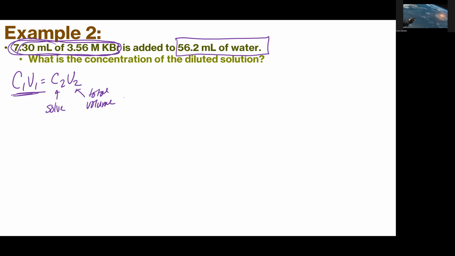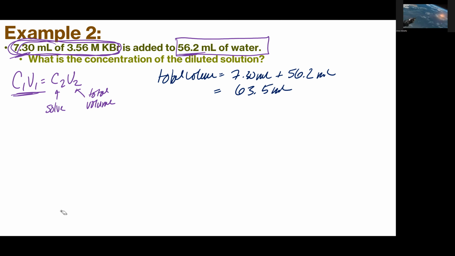Here, we're told we added 7.30 and 56.2 milliliters of water, so our total volume, we have to figure that out. The total volume is the sum of those two things, 7.30 milliliters plus 56.2 milliliters, which is 63.5 milliliters.